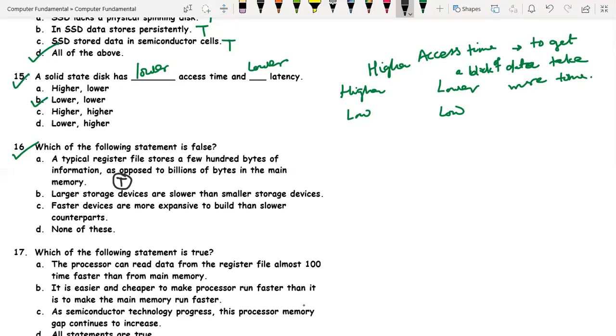Larger storage devices are slower in comparison to smaller storage devices. That is also true. Faster devices are more expensive to build than their slower counterparts. So this statement is also true. So which statement is wrong? None of these. All statements are true. Okay. Any doubt? No, sir. Continue.